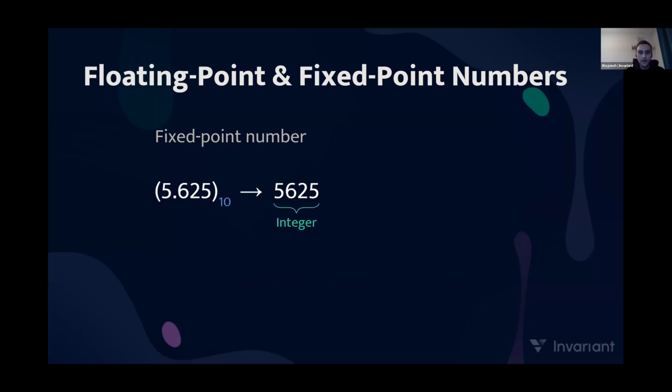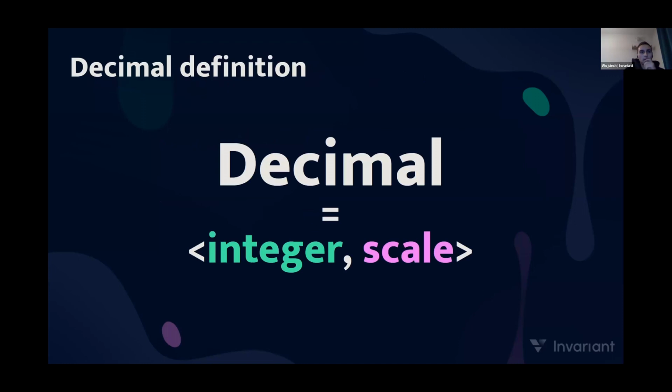The second option is the fixed point number, and here we always have the same precision. Basically, it's an integer number and a scale, which is, to be honest, the metadata telling us how to interpret this value.